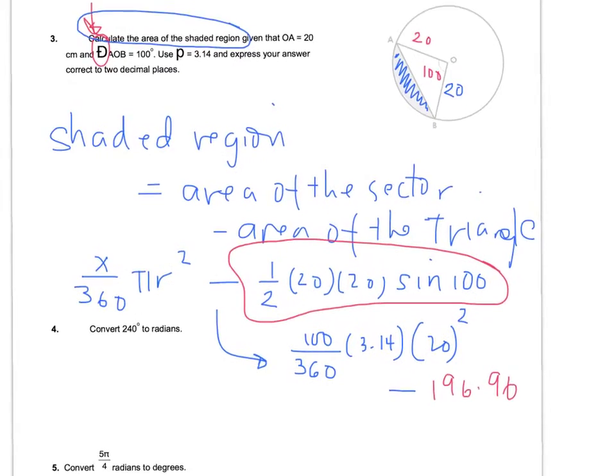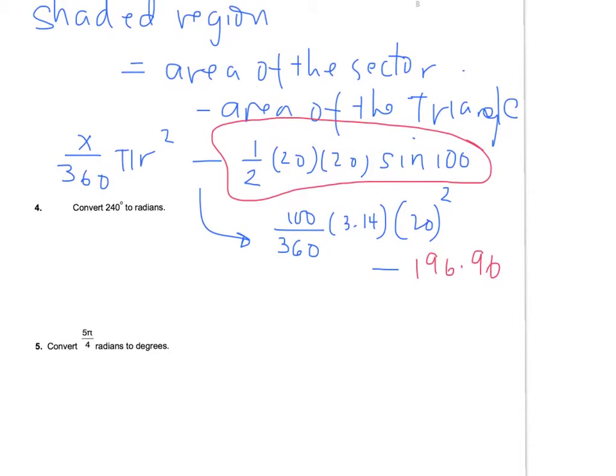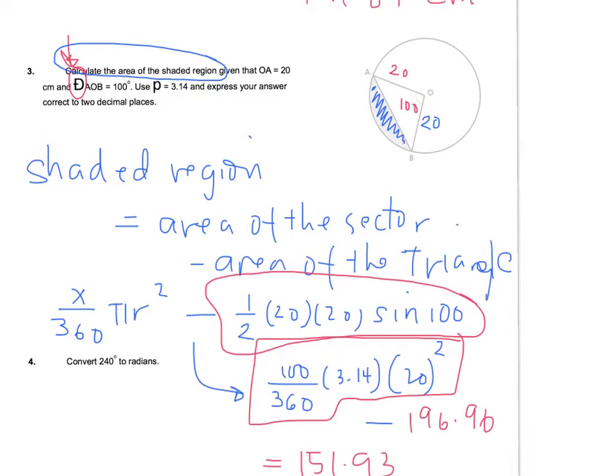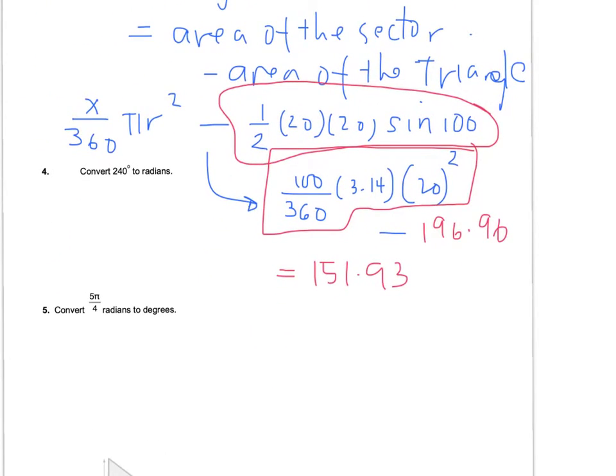Finally, we subtract: simplify the first part and then minus 196.96. This will become 151.93. This is a shaded area, so the unit is cm squared.